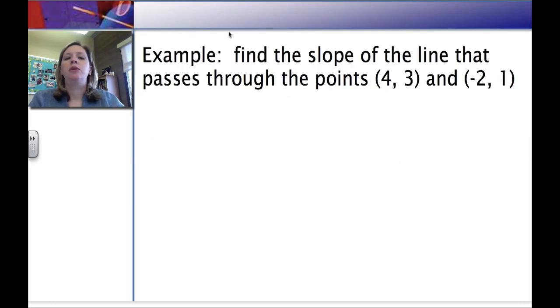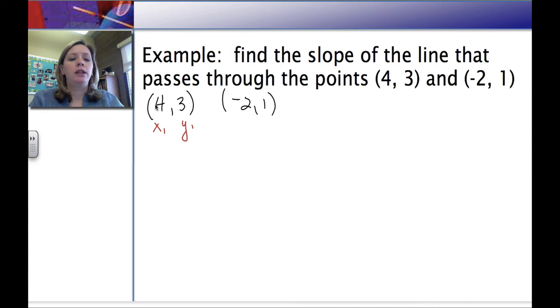So let's do an example. Let's find the slope of the line that passes through the points (4, 3) and (-2, 1). Now the first thing that I like to do with any problem like this is take my points and label them and determine which one we want to be x1, y1 and which one we want to be x2, y2. And it really doesn't matter which you choose.